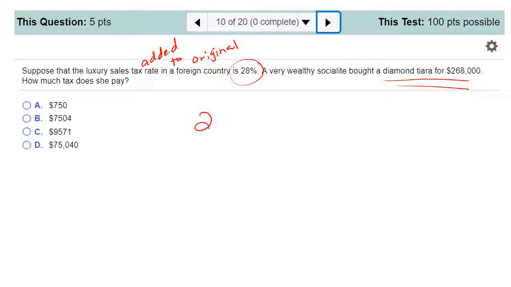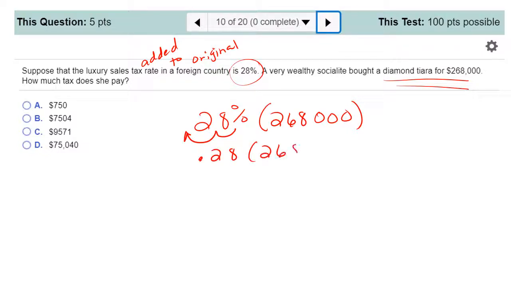So the tax would be 28% times the original price of $268,000. Now remember, when you're calculating this tax, you have to change that percentage to a decimal. And this is the same way on the previous problem before you put it in the calculator.